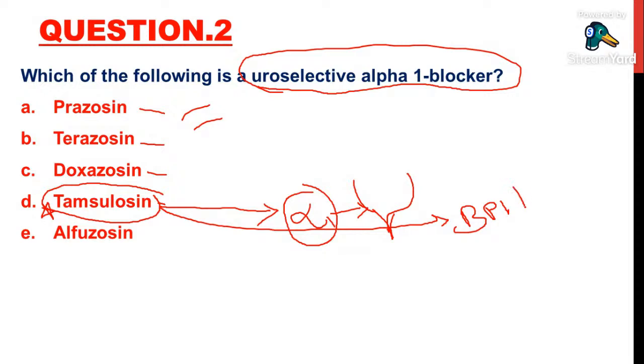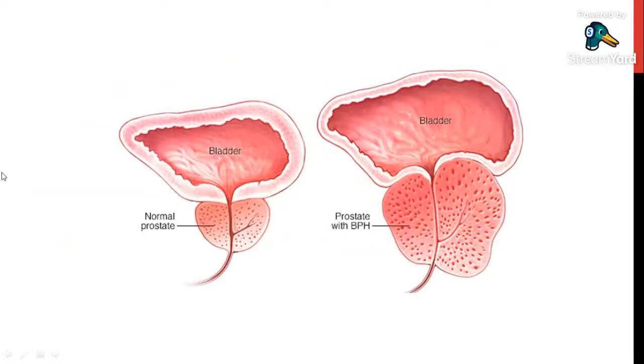Benign prostatic hyperplasia. So, what do you know about benign prostatic hyperplasia? Just now I was explaining. In males, around the urethral duct, there is a gland called the prostate gland. Sometimes the prostate gland size increases due to overactivity of dihydrotestosterone.